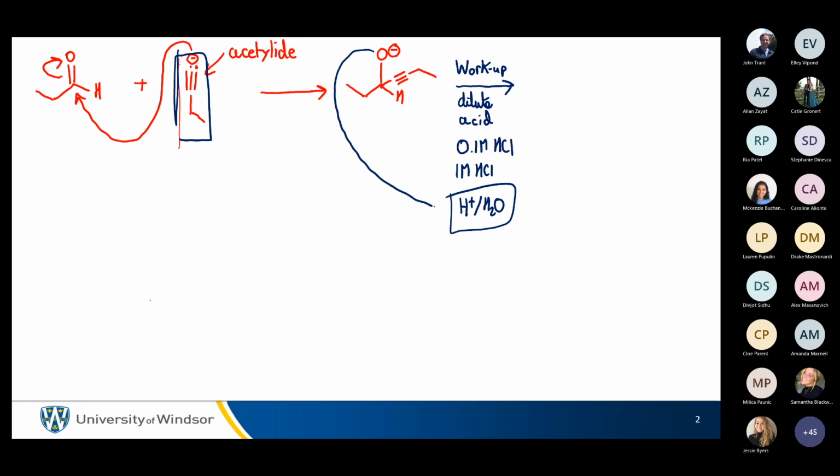And our negative charge that we generate from a reaction is going to react with the H+ to give us our product.